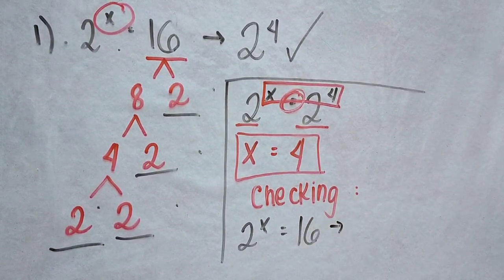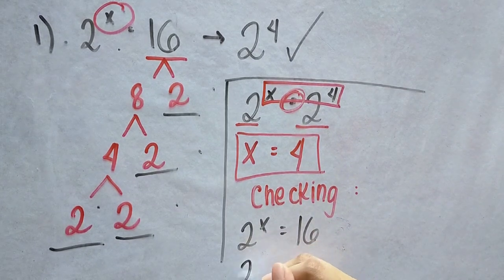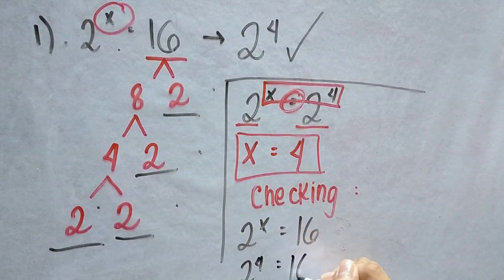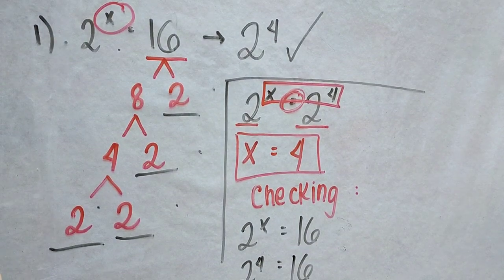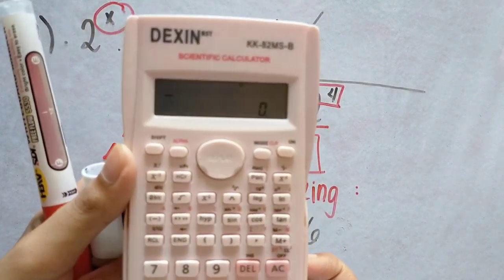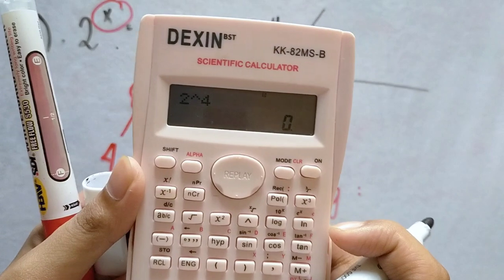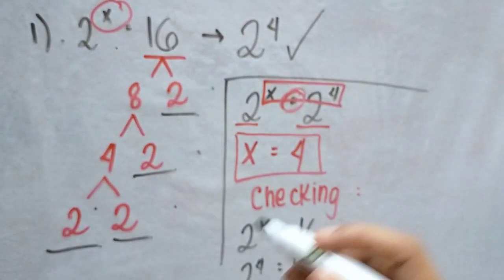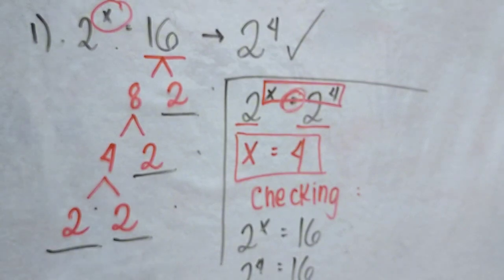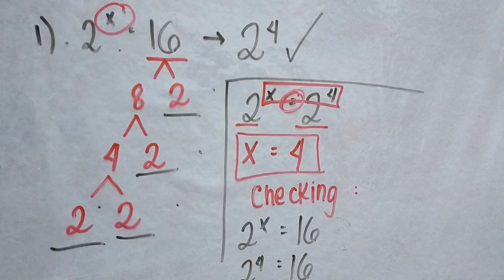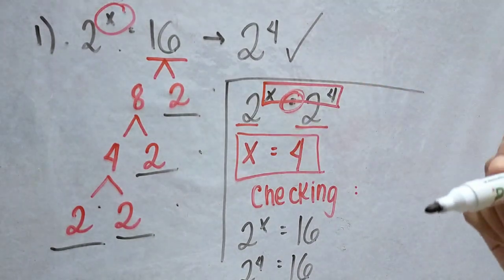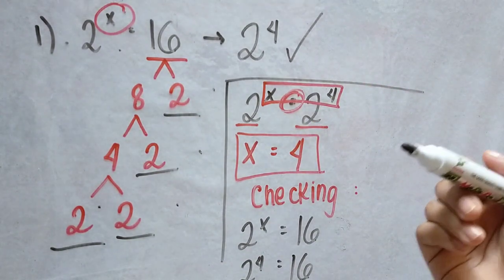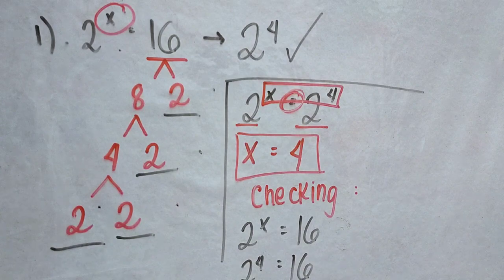Once na pinalitan natin ng 4 yung x, dapat ang lalabas na sagot is 16. Once kinuha natin yung calculator, we can have 2 raised to 4, ang lalabas, 16. So, tama yung nagawa natin. It is very easy sa unang example, pero may mga susunod pang example that is more exciting and thrilling. Then now, let's move on to them.